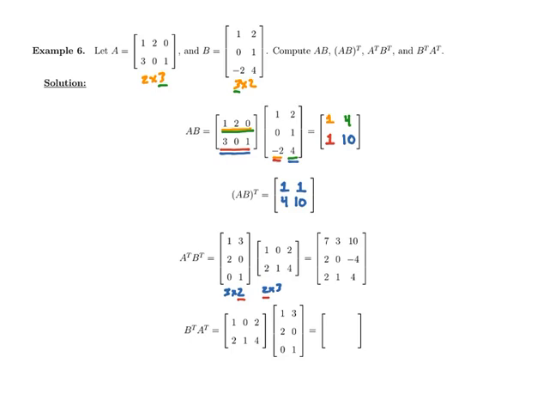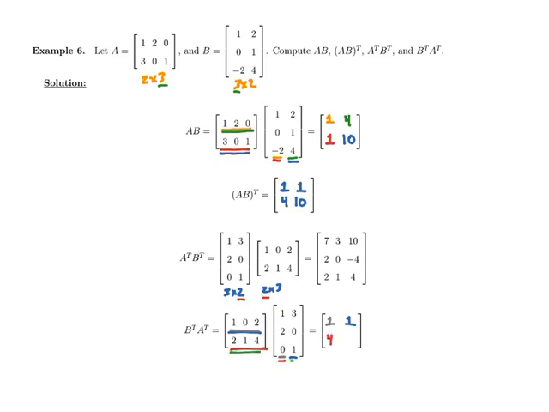One that's even more important is this, B transpose A transpose, just reversing the order that we're doing it. And here we have 1, 0, 2, 1, 2, 0 is going to give us a 1. 1, 0, 2, and 3, 0, 1 will give us a 1. 2, 1, 4, and 1, 2, 0 will give us a 4.